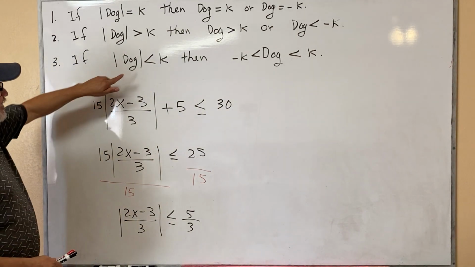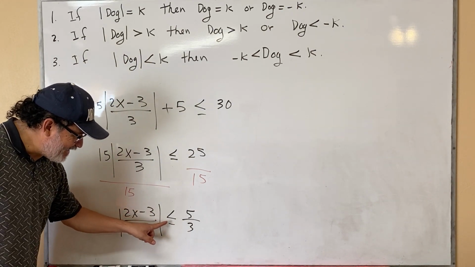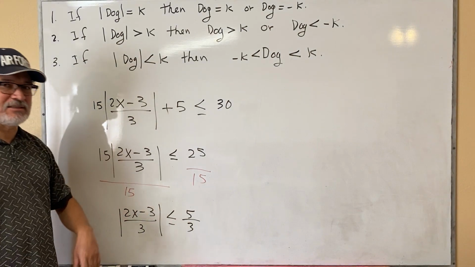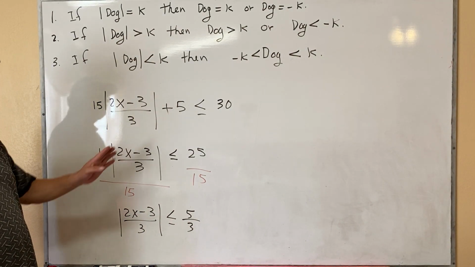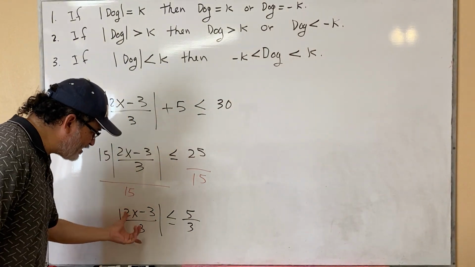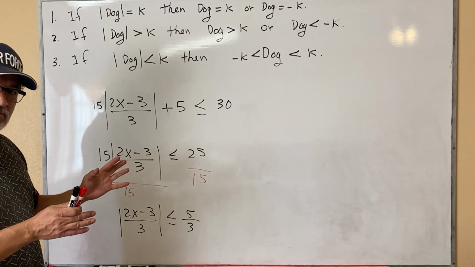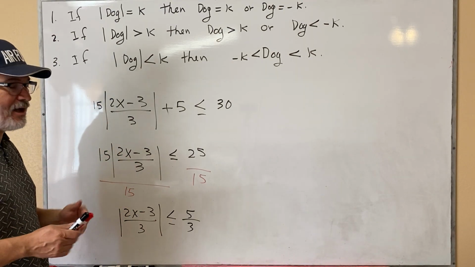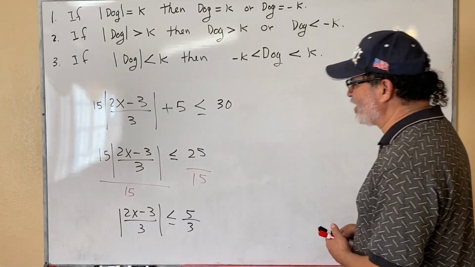The absolute value of a dog is less than constant. And what did we say to do? Take this dog out of that absolute value house and put it in the middle between negative k and k. I'm going to take 2x minus 3 over 3 out.